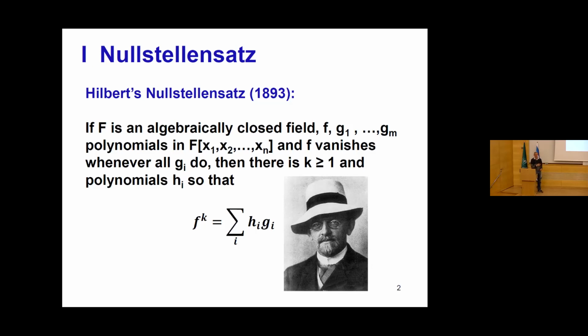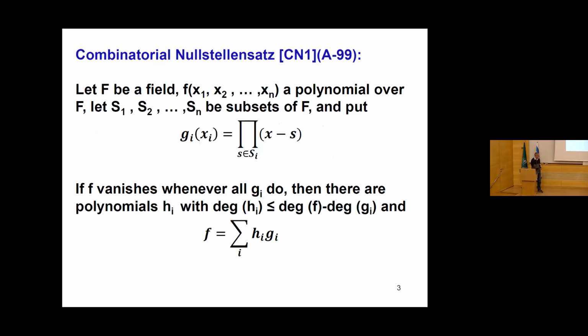In this case, we can say a bit more, so we don't have to assume anymore that F is an algebraically closed field, it is just a field, and we have these sets of roots, S1, S2, up to Sn, which are subsets of the field F, and the polynomial gi of xi is a product of x minus s, as s belongs to Si. So just a polynomial that has distinct roots in the field.